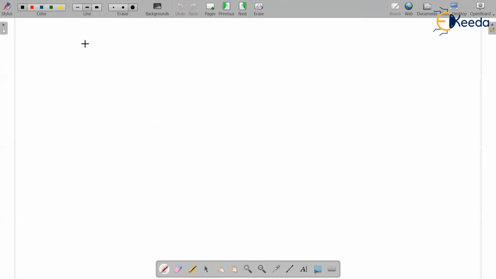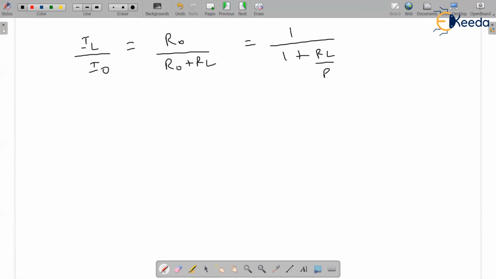So then next, I can give IL by I naught is equal to R naught by R naught plus RL, which is equal to 1 by 1 plus RL by R naught. This gives IL is equal to 1 by 1 plus RL by R naught into I naught.